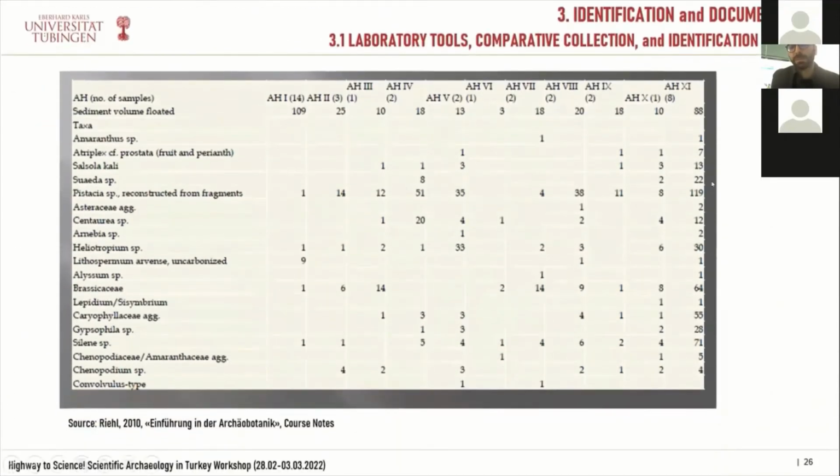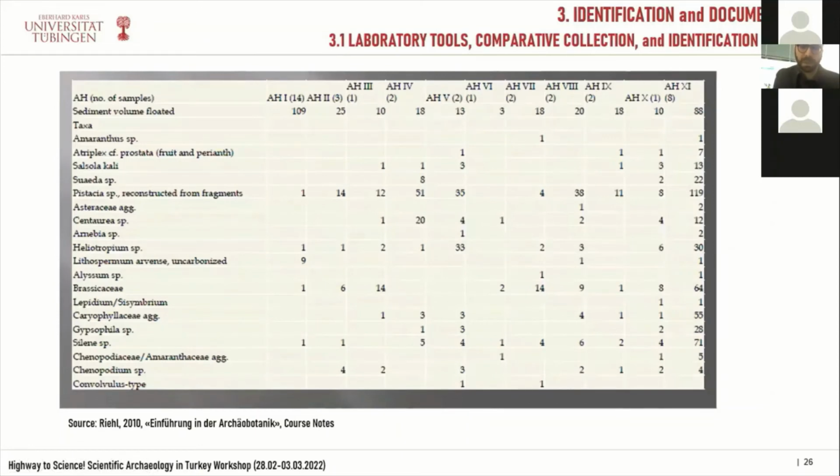All right, afterwards, we just count all of these plant remains at genus level or species level or sometimes family level. It's related to the identification clarity.